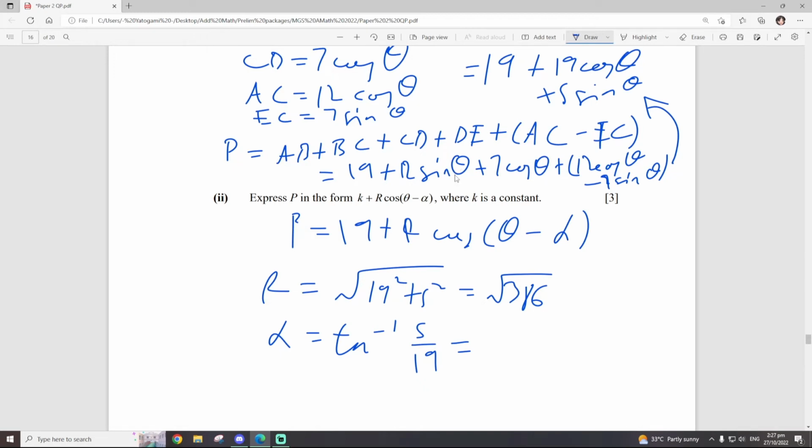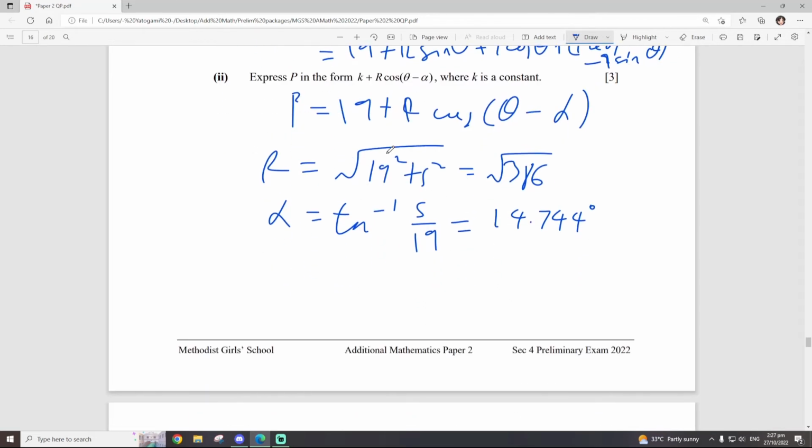So this is 14.744 degrees. So you can express P in that form.